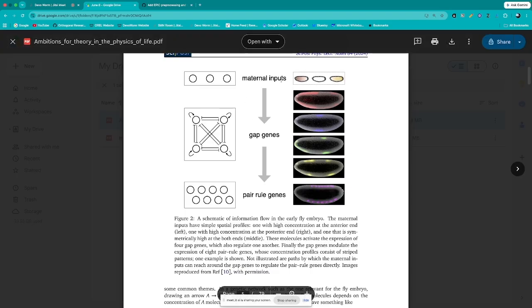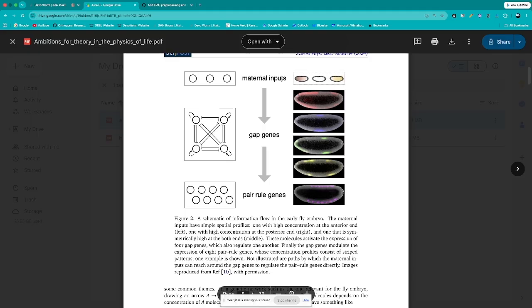If you schematize a network, it starts off without any connectivity at all. And then, of course, you have your inputs to that network. So you have maternal inputs to the network, where you start to have these factors come into play. They can be provided or denied by the maternal source. And then once they're provided, you start to get your connectivity.